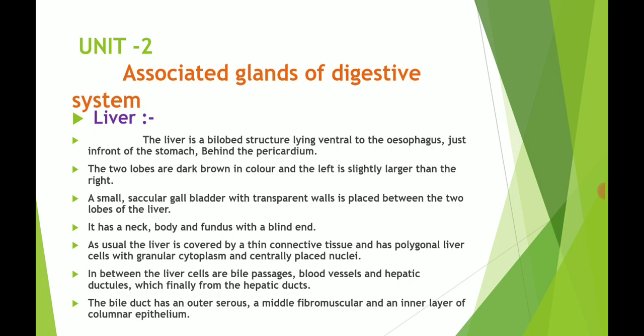A small saccular gallbladder with transparent walls is placed between the two lobes of the liver. It has a neck, body and fundus with a blind end. The liver is covered by a thin connective tissue and has polygonal liver cells with granular cytoplasm and centrally placed nuclei.